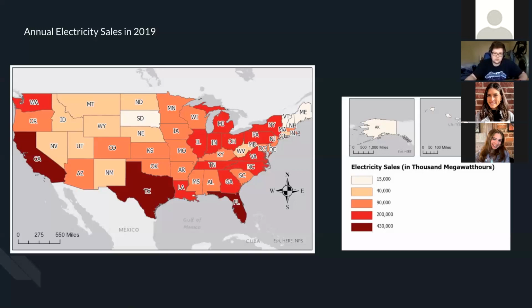Another interesting thing to note is while some states definitely consume more energy than others, some states actually produce more energy than they consume. An example of this is Alabama, which produces more energy through all sorts of means, not just fossil fuels or renewable, but both, than they consume.